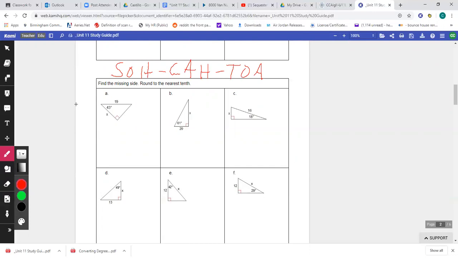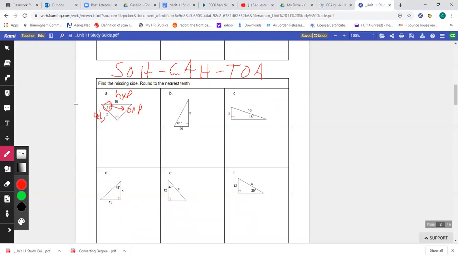Let's remember how to do these problems. So 43 degrees is your angle of focus here. Let's label this triangle. This is the hypotenuse. Across from it is the opposite. And next to it is the adjacent.